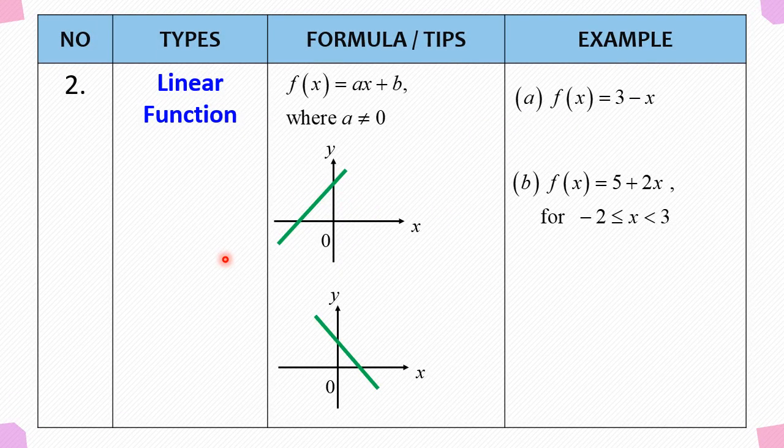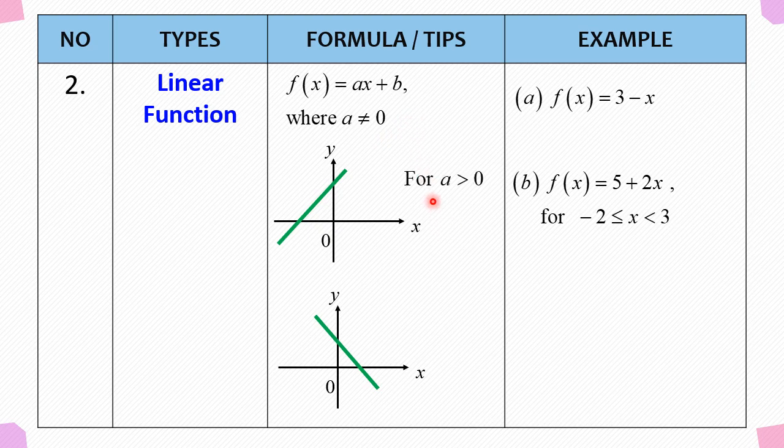The second type of function is the linear function. In standard form, a linear function is f of x equals ax plus b, where a should not be equal to 0. There are two types of linear function.